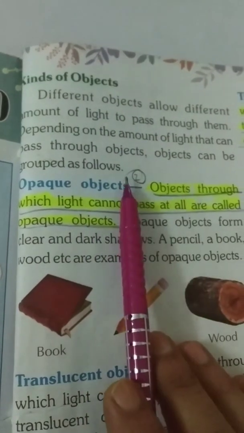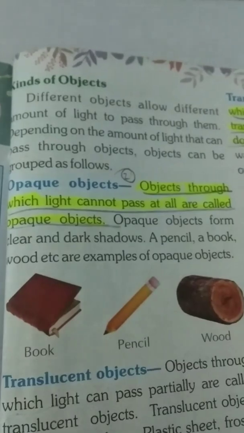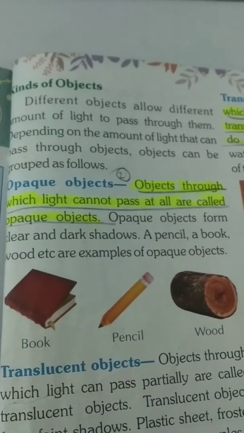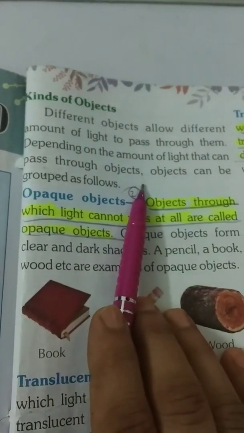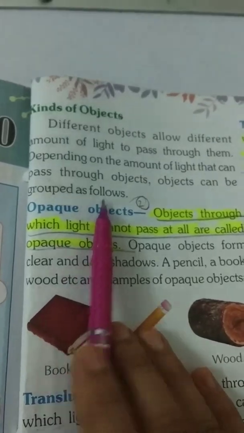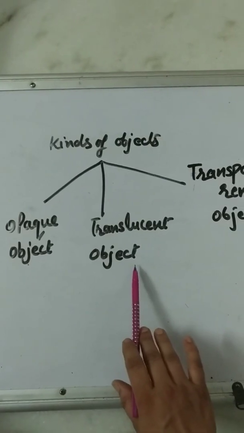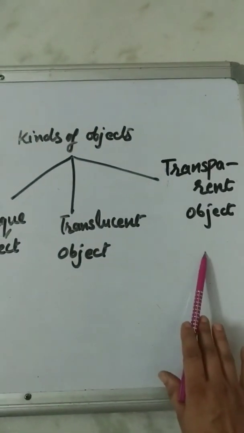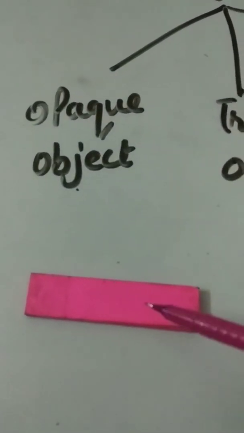Kinds of object. Different objects allow different amounts of light to pass through them. Depending on the amount of light that can pass through, objects can be grouped as follows: opaque object, translucent object and transparent object. This one is an opaque object because we can't see from one side to the other.